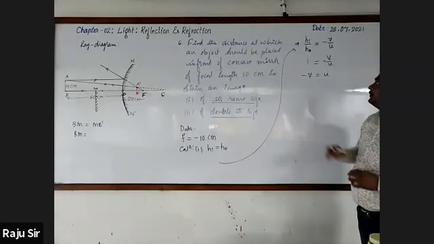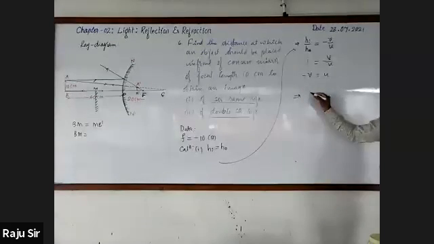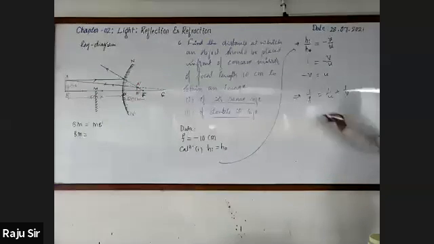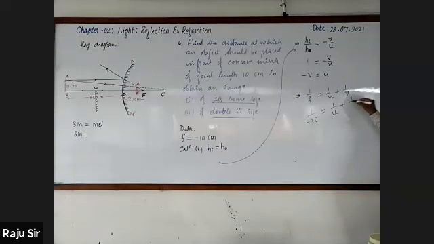Then please don't go for calculating, just observe. You want the distance. So 1 by f is equal to 1 by u plus 1 by v. Then 1 by f, where f is minus 10, is 1 by u, we want that object distance, plus 1 by v. V is what? It is minus u. Then both get cancelled now. Can you identify where we have done the mistake?